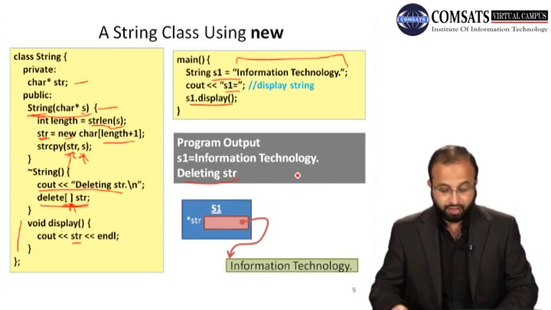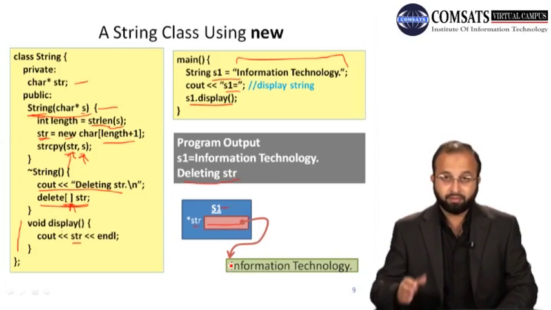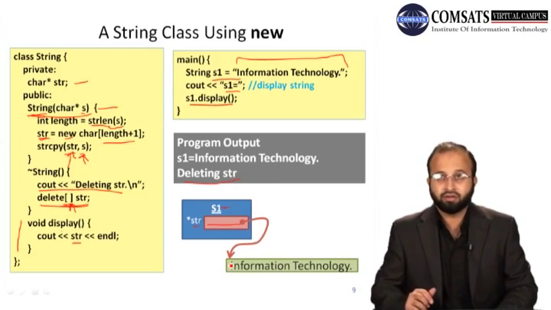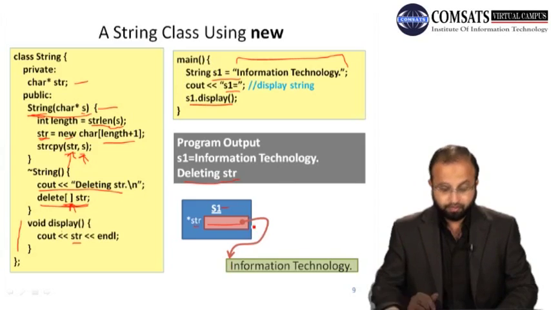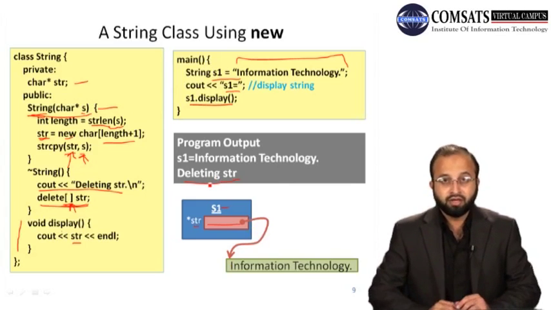So actually what is happening is that you have an object s1 that contains the pointer str. Now this pointer points to a memory location जहाँ पे आपके पास string है information technology, right? And so this deleting str appears when you exit from the main. जब main से आप exit होंगे तो उस time पर object s1 destroy होगा. When the object s1 is destroyed, the destructor of the string class will be called, right?